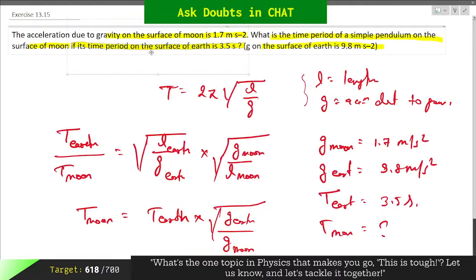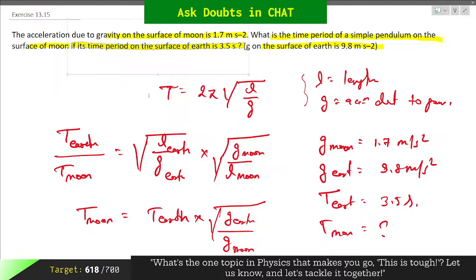In this question, the acceleration due to gravity on the surface of the moon is 1.7 meter per second square. What is the time period of a simple pendulum on the surface of the moon if the time period on the surface of the earth is 3.5 seconds? The equation of time period is T equals 2 pi root L by g for the simple pendulum and for very small displacements.